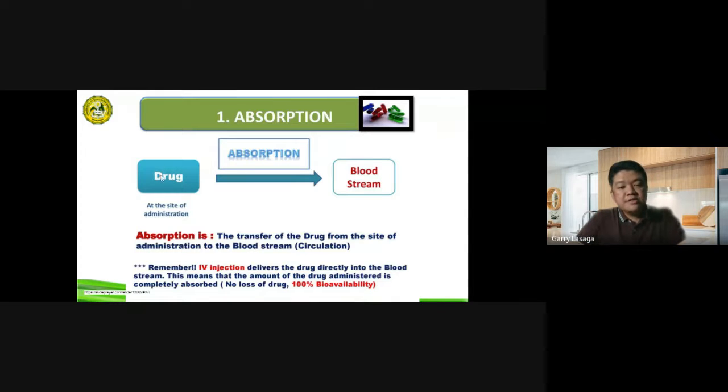But for those drugs that will undergo first, for example, the oral route, they will still need to be dissolved in the mouth. They need to be dissolved in the stomach, and they need to pass through the liver before they will totally be absorbed in the body. So there is some loss in the drug components along the way, as contrasted with the intravenous route.